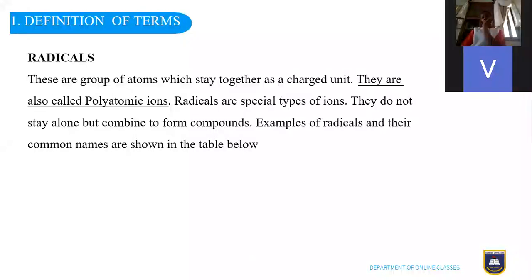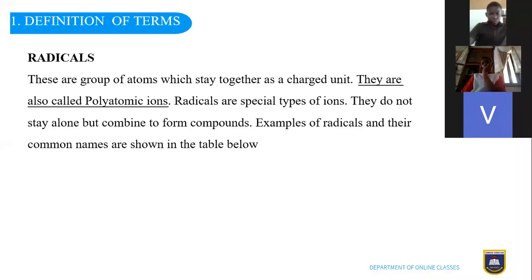So as you can see on your screen now, JHS, you were told they are a group of atoms which stay together as a charged unit. Oh, did I say valency or radicals? I'm actually referring to radicals. Radicals are a group of atoms that stay together as charged units.